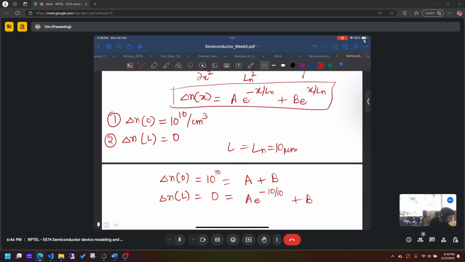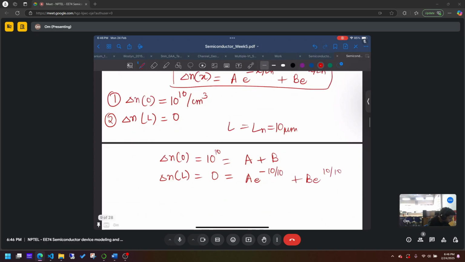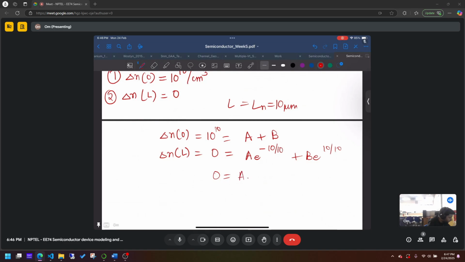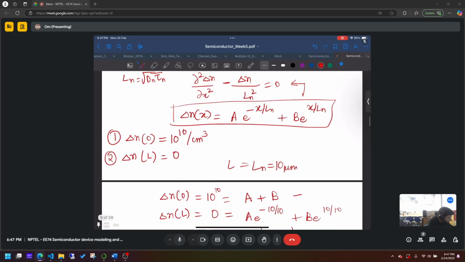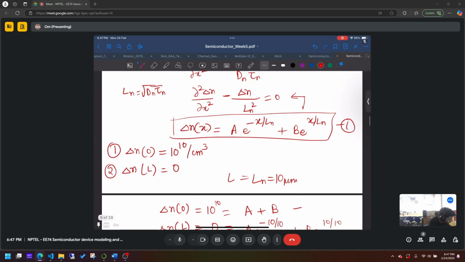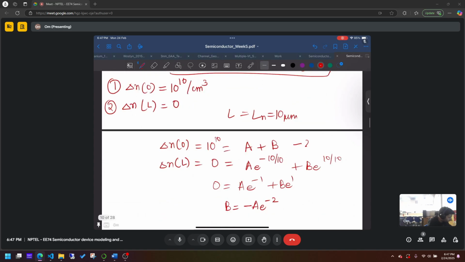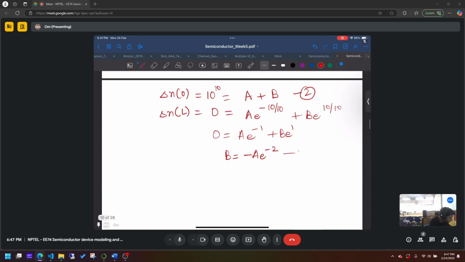So 0 equals a e to the power minus 1 plus b e to the power 1, or I can write b equals minus a e to the power minus 2. Let's call these equation 1, equation 2, and this is equation 3.